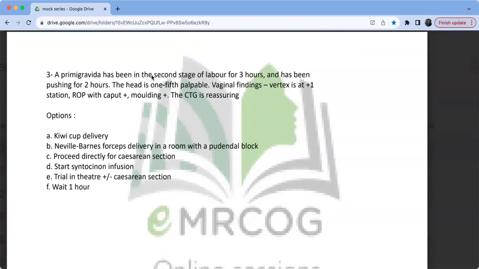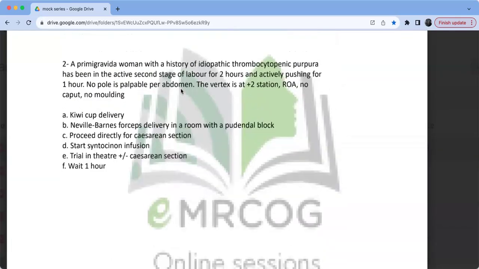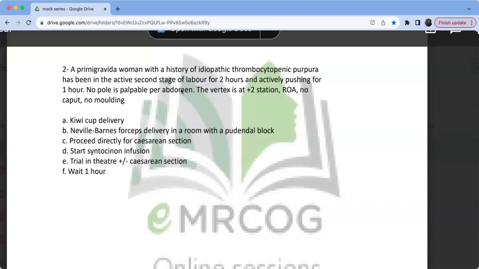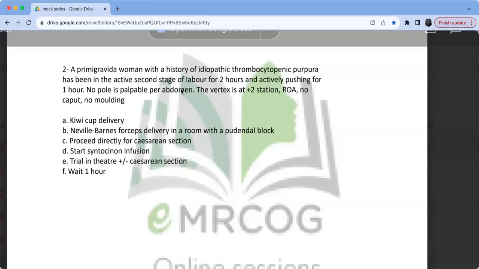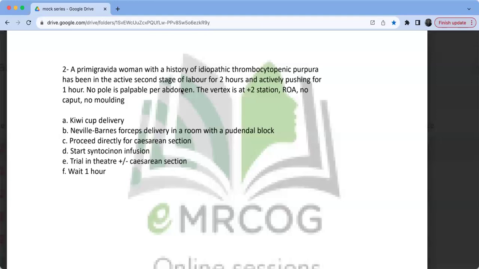A primigravida has been in the second stage of labor for 3 hours and has been pushing for 2 hours. The head is 1/5 palpable. Okay, I assume you know the recommendation in the guideline is to go for the instrument that is most likely to be successful.